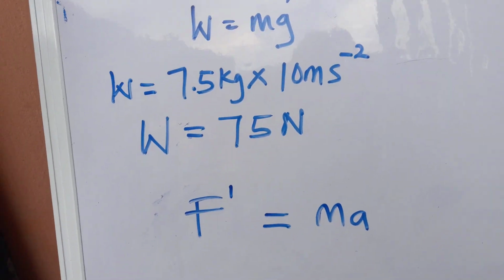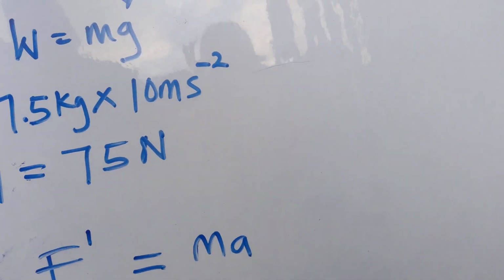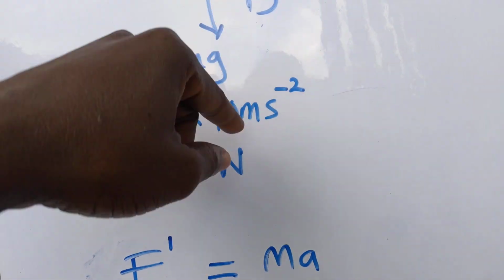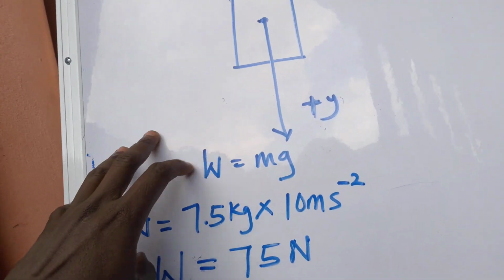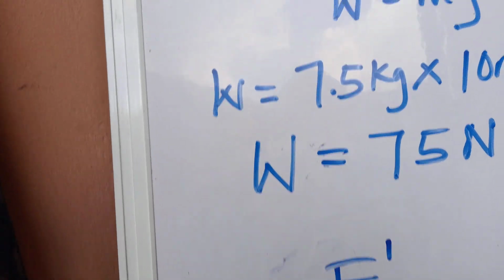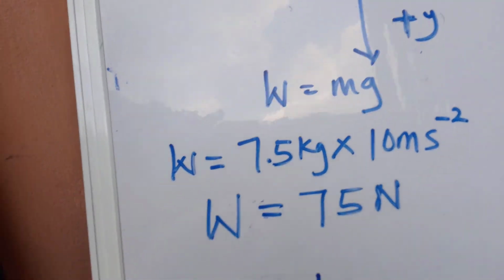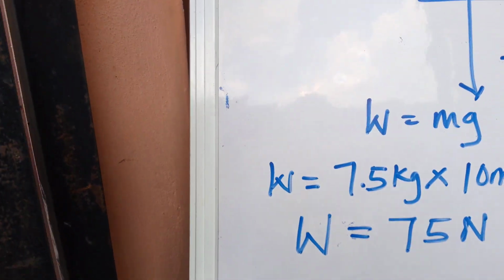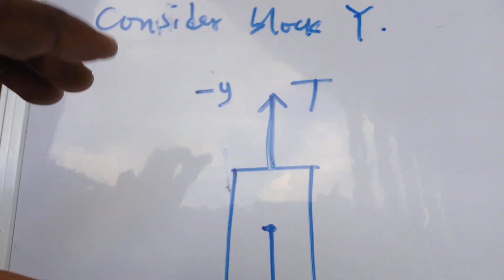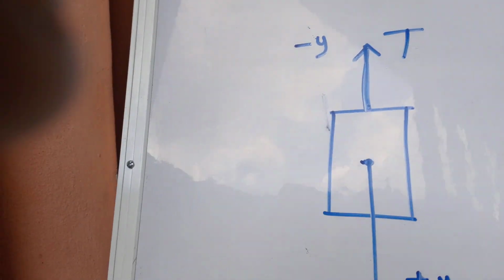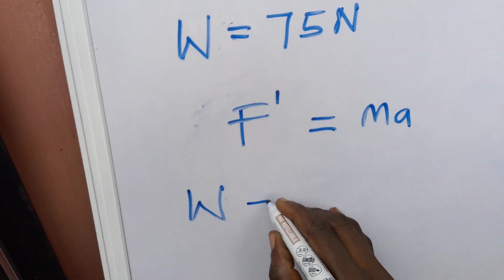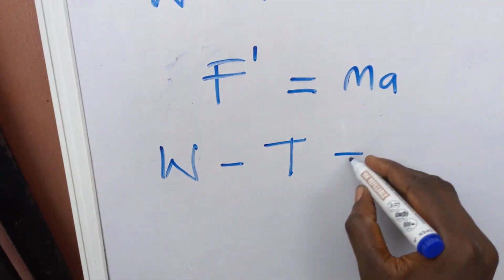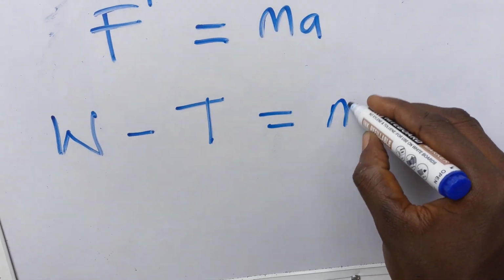Now we'll look at the summation of all the forces. Like I said earlier, the one acting downwards, which is the weight, becomes positive. So I'll take the weight acting vertically downwards as positive, and the tension force acting upwards becomes negative. That is minus T. W minus T will be equal to ma.